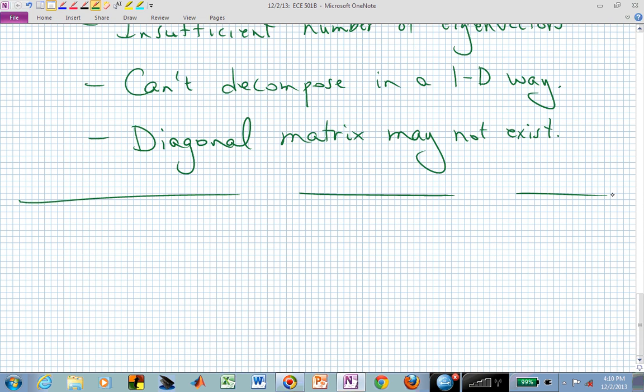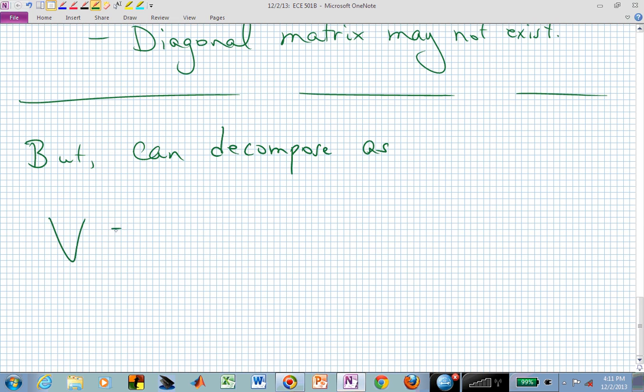But we can do something similar. We can look at some block diagonal structures. And they will be created by this generalized notion of these null spaces, but we can decompose in the following way.